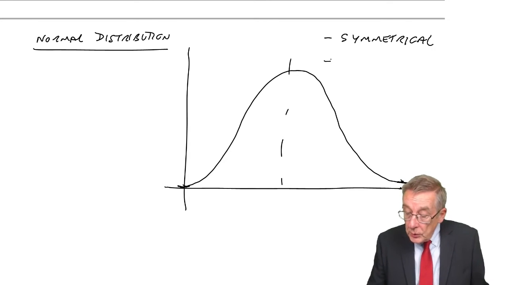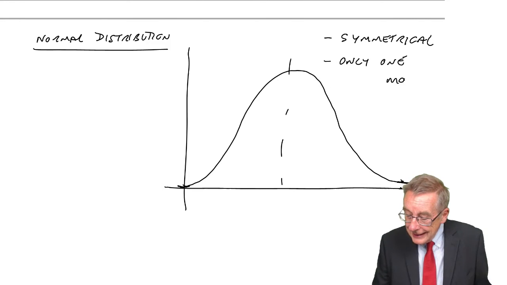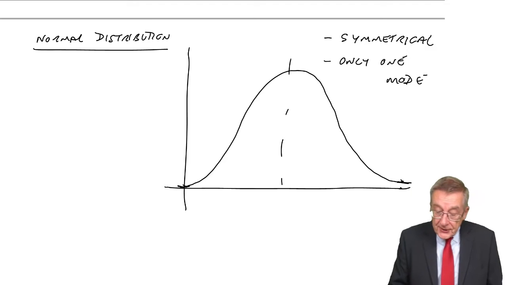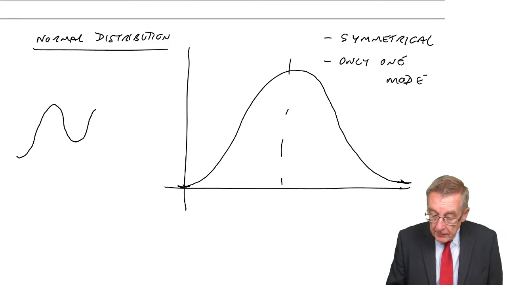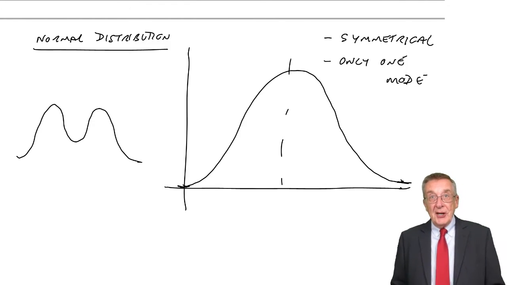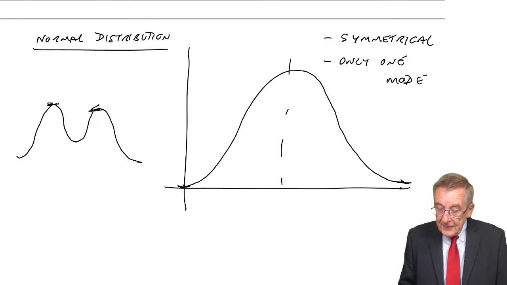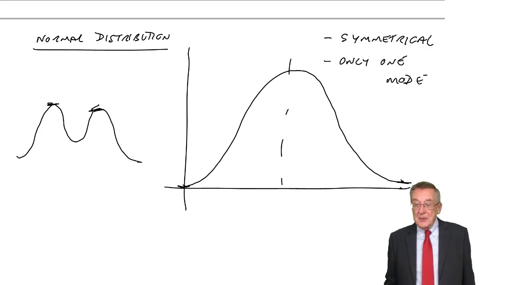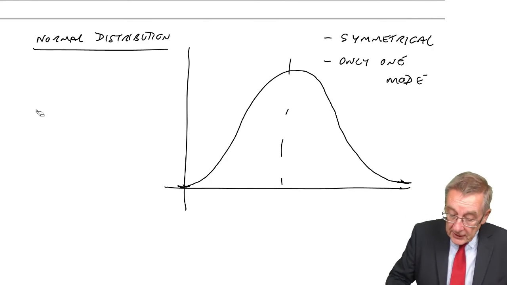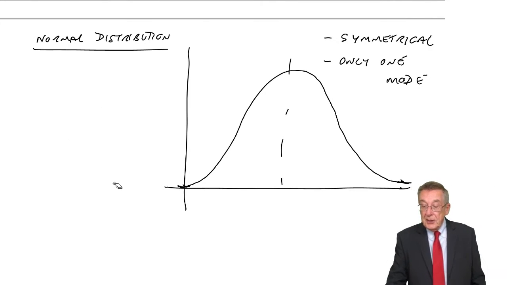And there's only one mode. What I mean is this. A curve this shape, whoops, can be symmetrical, same both sides, but you've two peaks, you've two modes. Well, a normal distribution looks like a bell, as you can see.